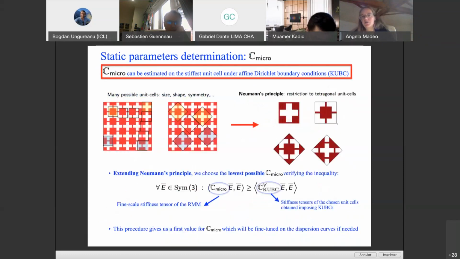A little bit more difficult is to estimate the C micro, which we know to be related to the microstructure. And so we tried, in some sense, to relate its measure to something to be measured on the unit cell.